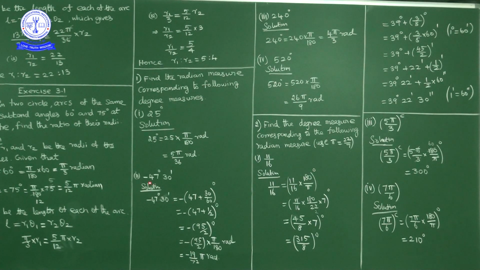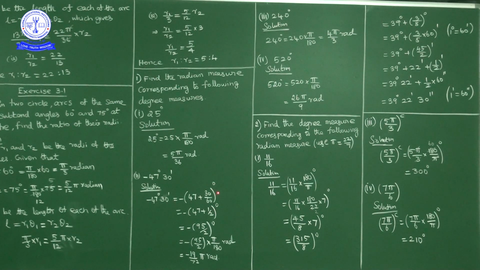Second one, minus 47 degrees 30 minutes. I will write this as minus of 47 plus 30 minutes. 30 minutes is nothing but half a degree, because 60 minutes makes 1 degree.